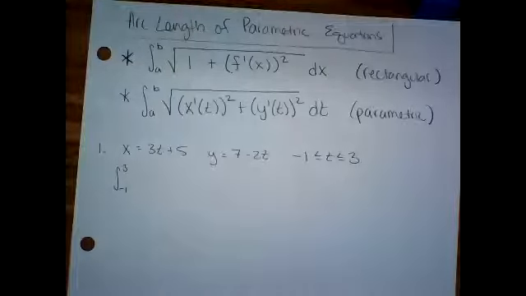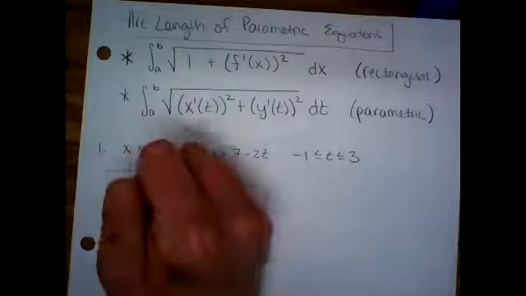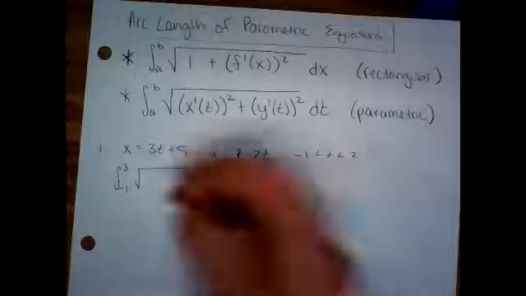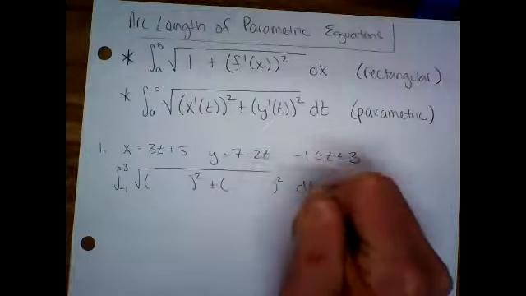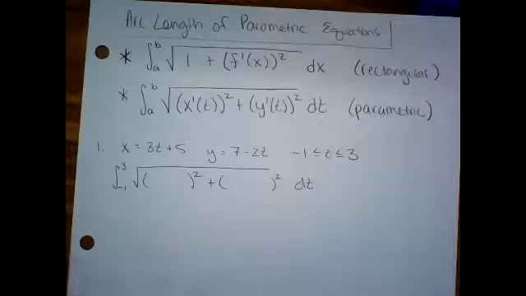If we were to graph this, we're finding the length of the curve from where t is -1 until t is 3. So integral -1 to 3, draw yourself a gigantic square root. And then I would write blank squared plus blank squared dt. Just set up the skeleton of the problem, the framework, and then you can go back and fill that stuff in. It'll kind of calm you down. You'll be like, hey, I have this set up at least right.